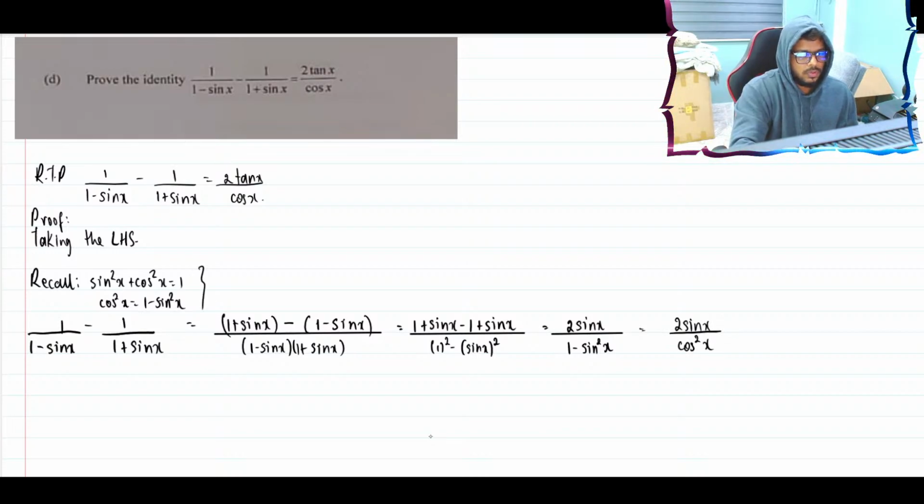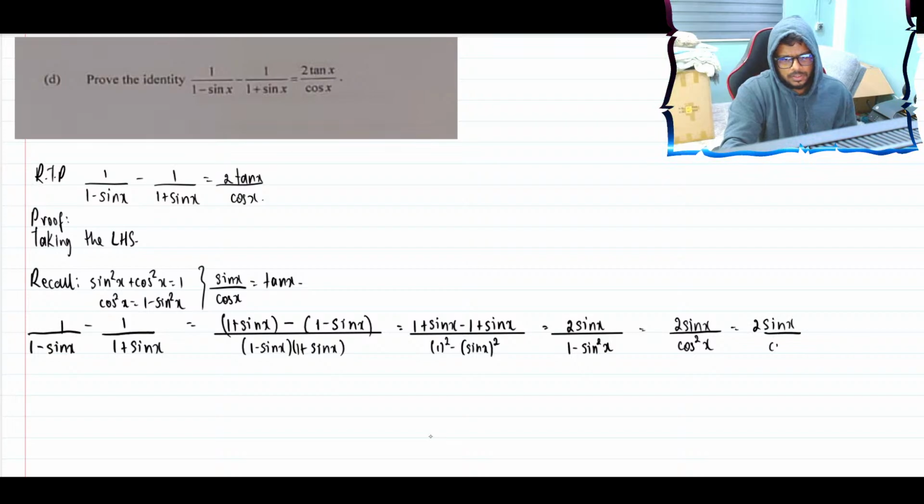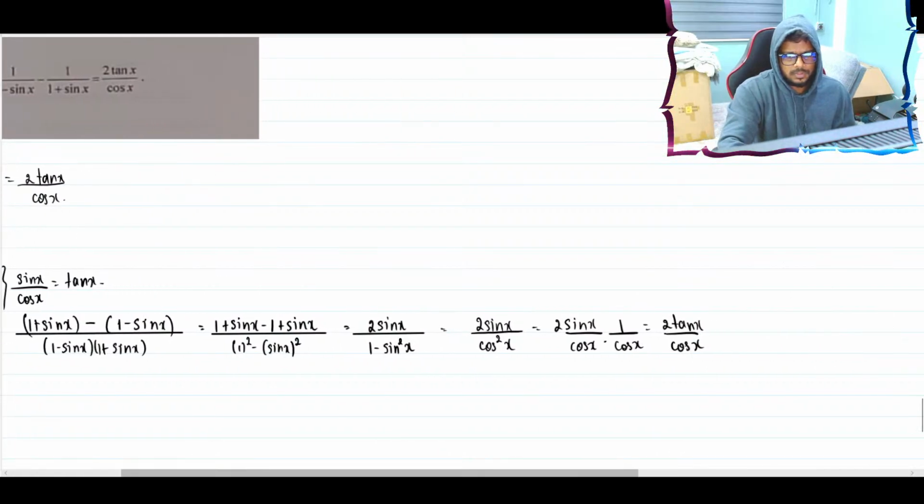I'll also recall that sine x over cos x is tan x. This is 2 sine x over cos x multiplied by 1 over cos x, which is 2 tan x over cos x, which is equal to the right hand side, and at the end you write your Q.E.D.